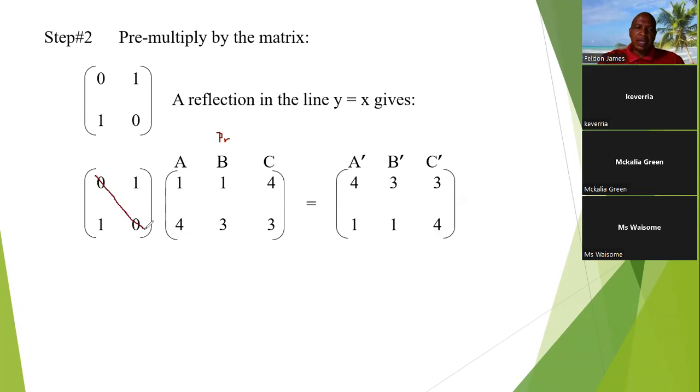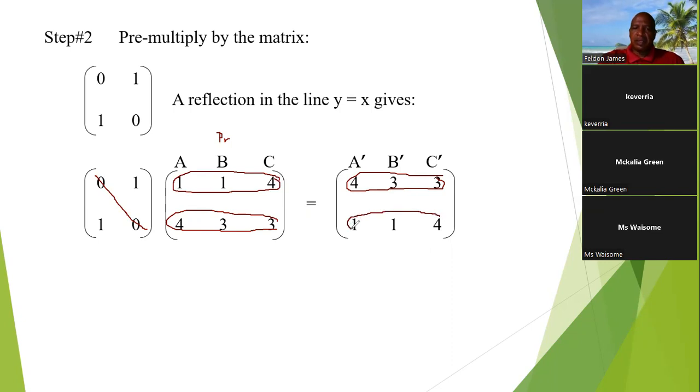Because we have zeros along this diagonal instead of ones, what it does to these values when you multiply through is that the bottom row becomes the top row of the image. Sorry, the top row of the pre-image now becomes the bottom. So this is really what happened when you use that matrix. Everybody see that? Is that clear?